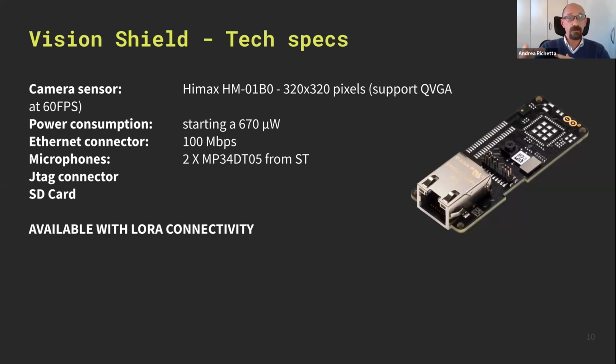It has an Ethernet connector and two microphones. It completes the equipment with a JTAG connector that can be used for debugging purposes, and an SD card. The shield is also available with LoRa connectivity, so you can use either the Ethernet connector or the LoRa network connectivity.